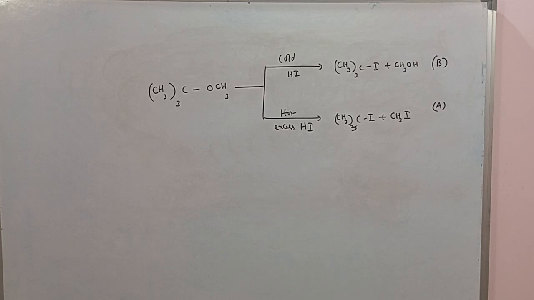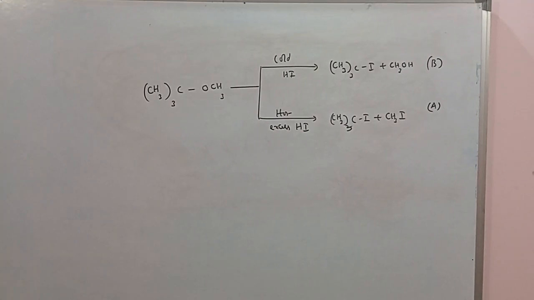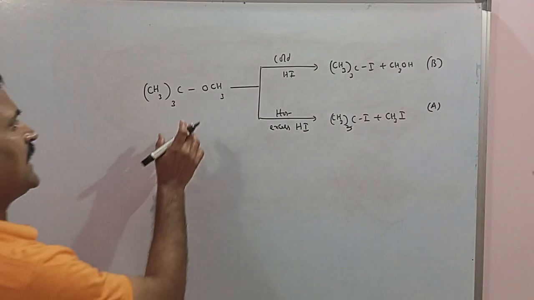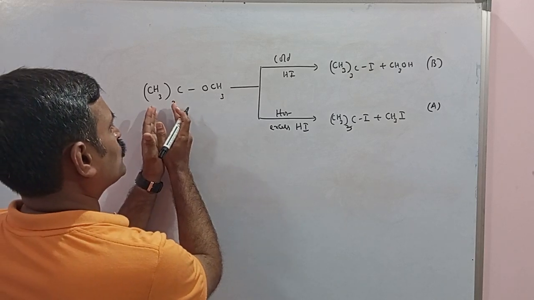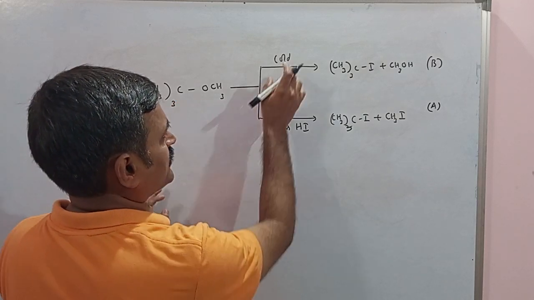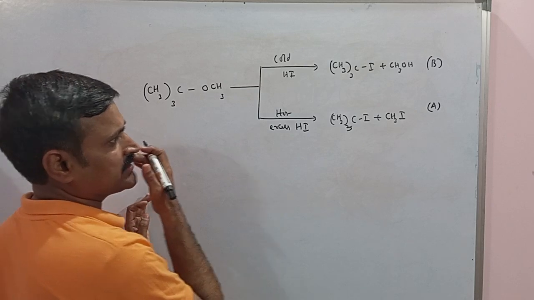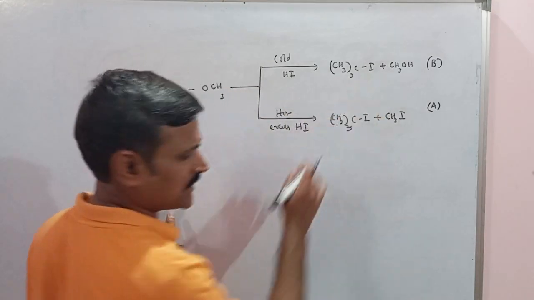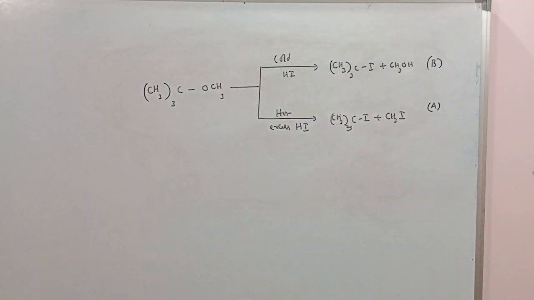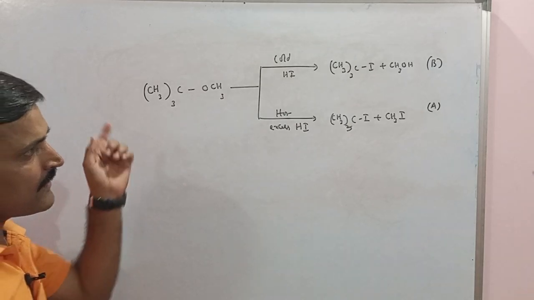See, dear student, I have presented the equation. In this equation, we have a tertiary butyl group and one methyl group. With cold HI, you get an alcohol and tertiary butyl iodide, because the tertiary butyl group forms a tertiary halide.